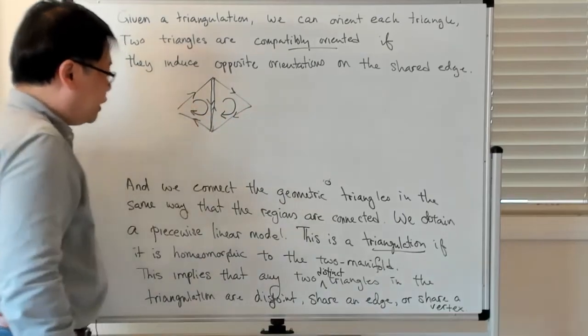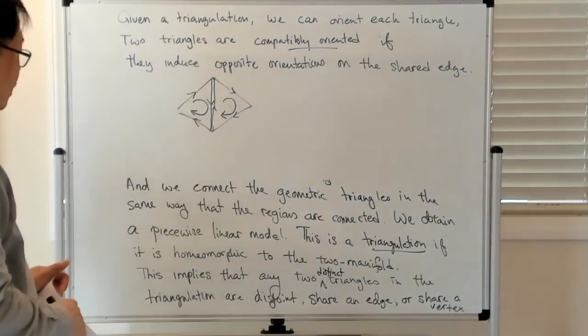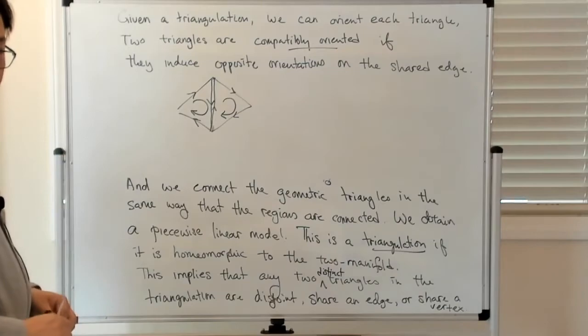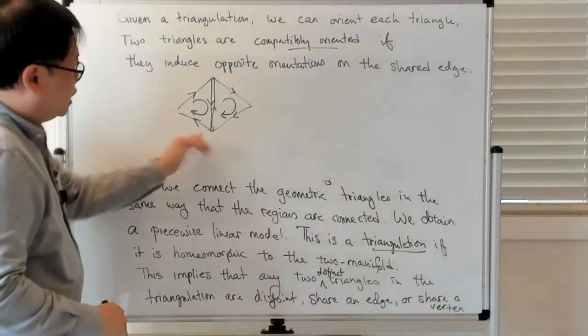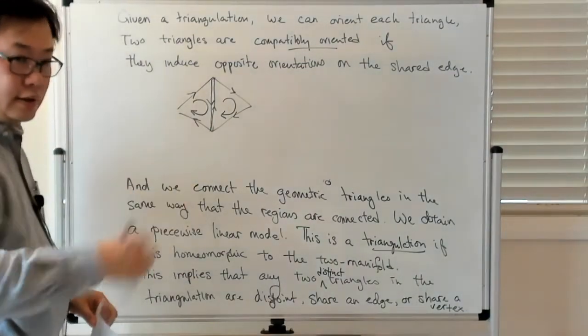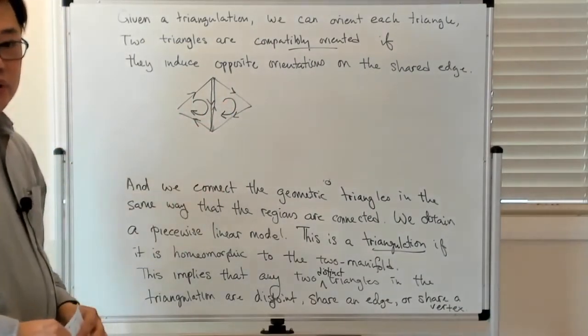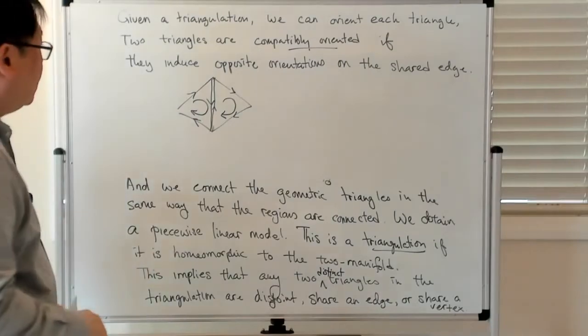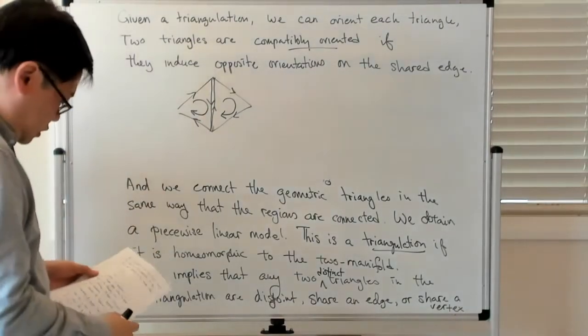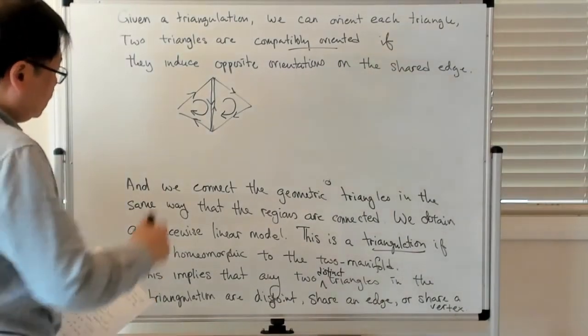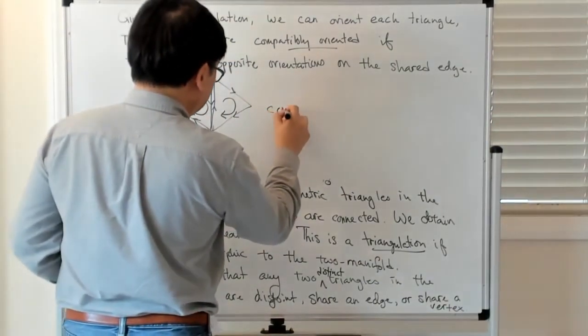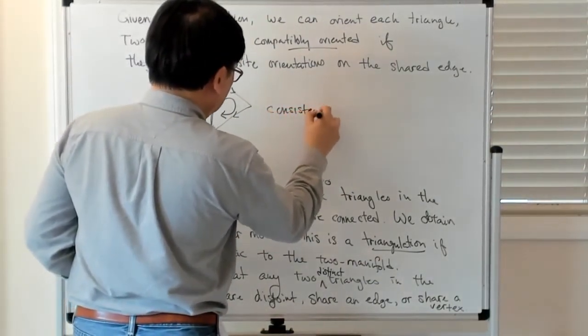So all the interior things will cancel out. That's one of the reasons why you want to have this kind of consistent orientation: you want to be able to do things like integration of differential forms on manifolds. So this is again what I call consistent discretizing, consistent orientation.